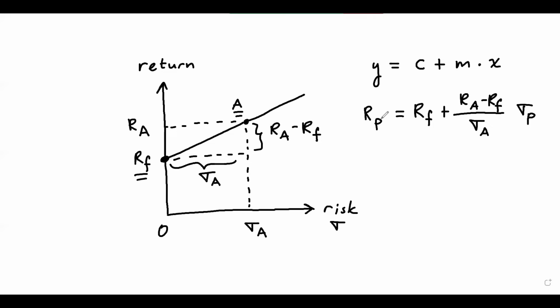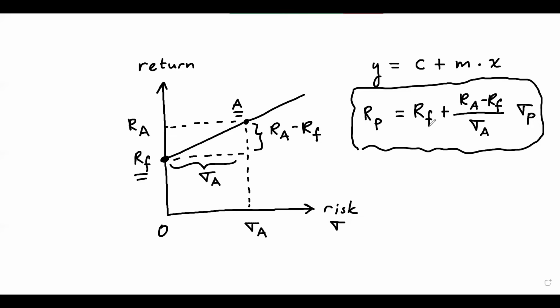So this is the equation of the capital allocation line. So you've got the intercept and the slope, okay?